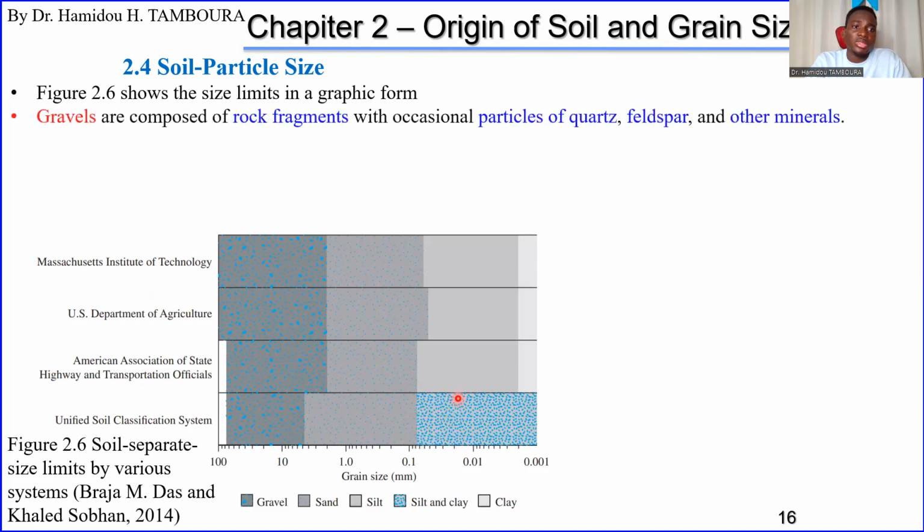As we can see here, gravel is maybe not shown here. I will show it later in a photo. Gravel is a fragment of rocks, and in the particles of this gravel we can sometimes find particles of quartz, feldspar, and other minerals.